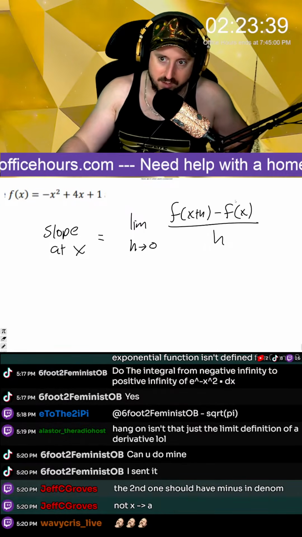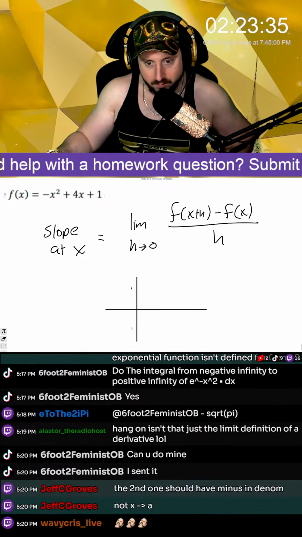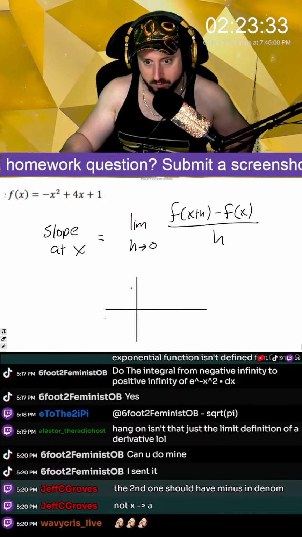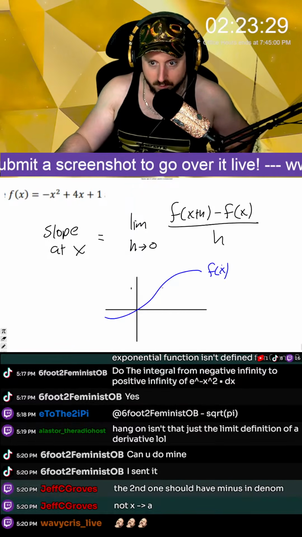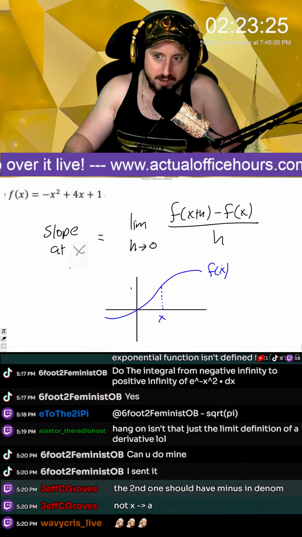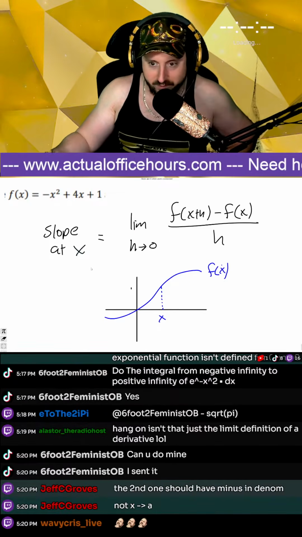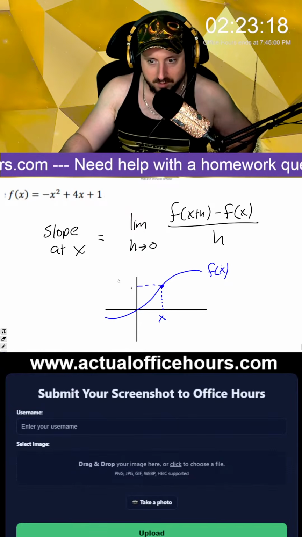And how this makes sense is this is the slope between 2 points where, real quick, if I were just to like draw it, let's say this is f of x, right? So some point here at x, here I really should say like f of whatever, I'm gonna leave it as x. This right here is f of x.